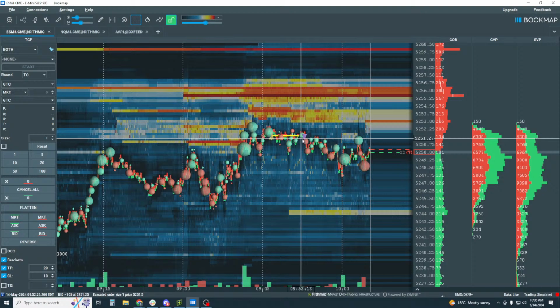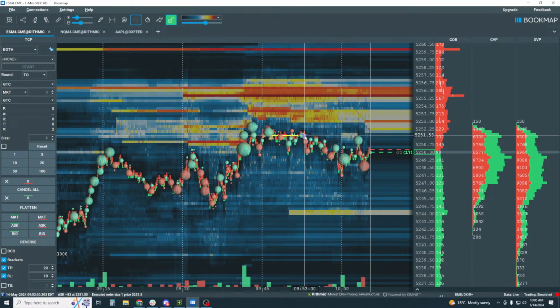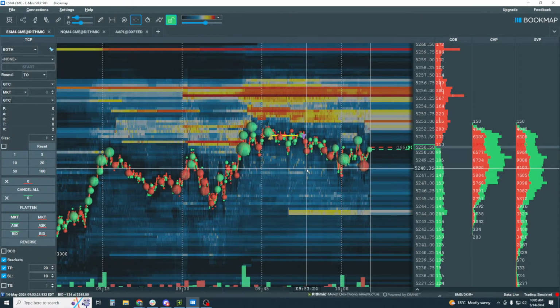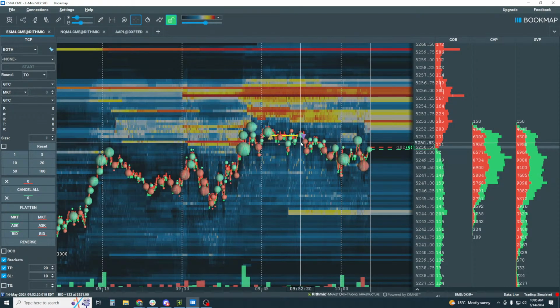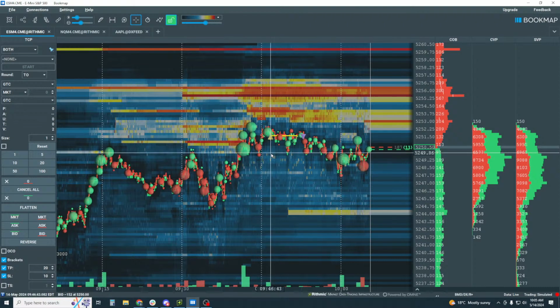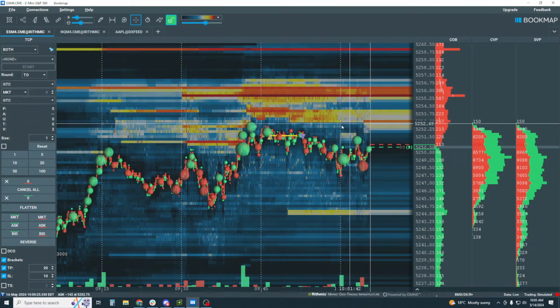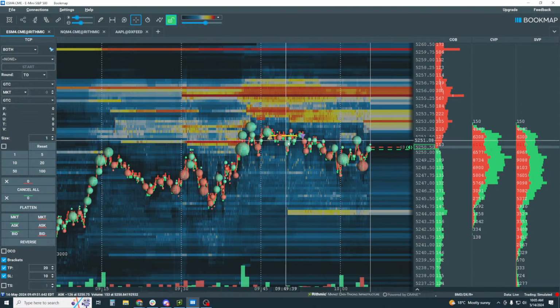In fact, I even took a position here not too long ago and exited at break even. Just did not see what I wanted to see in here, but this looks like it wants to break out. This is the pattern. We're seeing more buyers at a higher high.